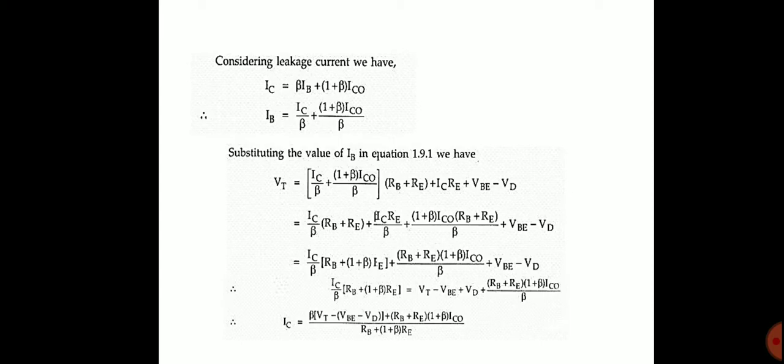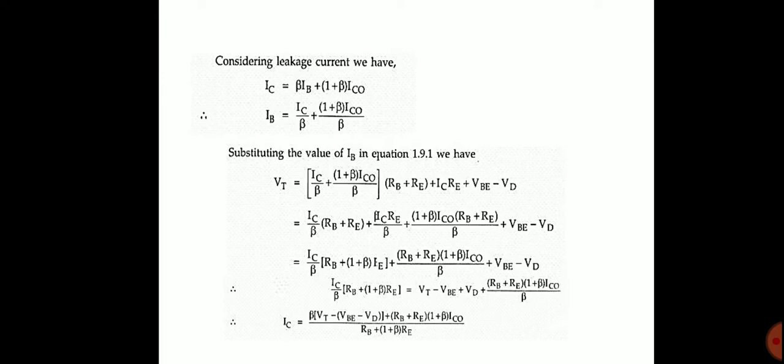Substituting this value of base current in the equation, the Thevenin voltage VT is equal to IB into (RB plus RC) plus the emitter voltage plus VBE minus VDD. Simplifying these equations, finally IC is equal to beta into (VT minus VBE minus VD) plus (RB plus RC) into (1 plus beta) into ICO, divided by RB plus (1 plus beta) RE.